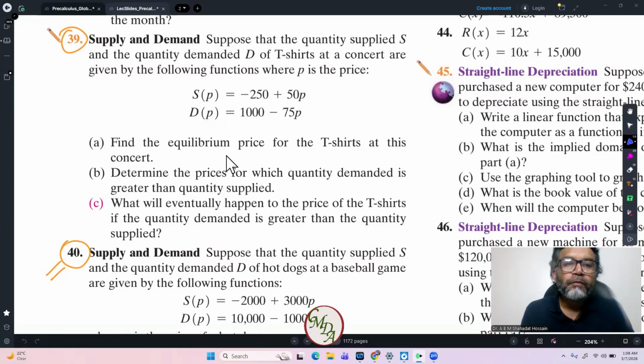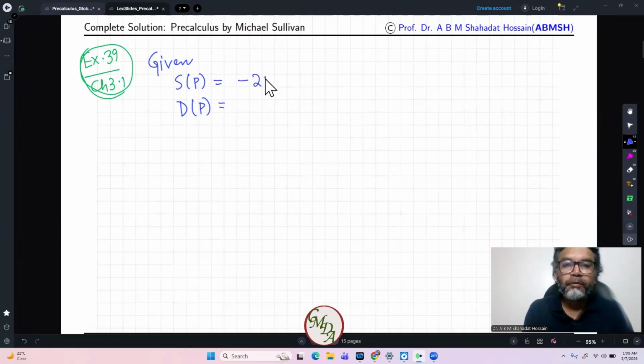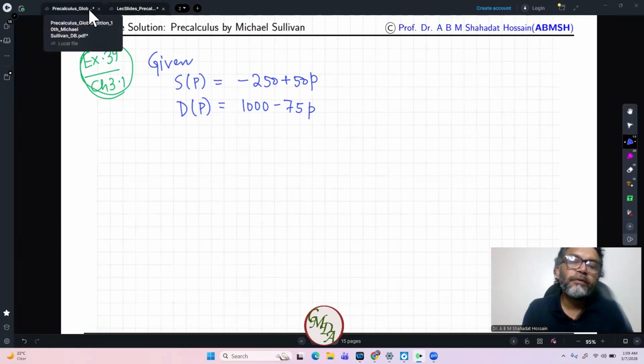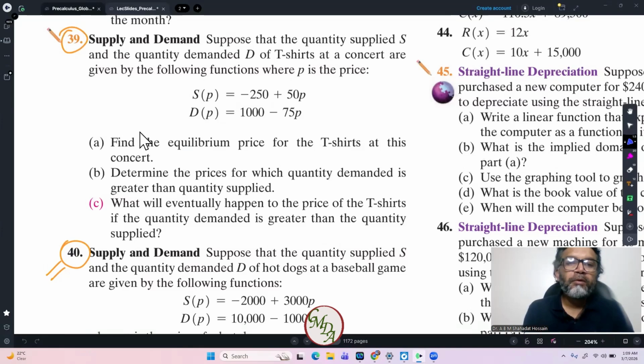S of P is minus 250 plus 50p, and D of P is 1000 minus 75p. I hope this is the correct expression. Just check again. And read the question: find the equilibrium price for the t-shirt at this concert.